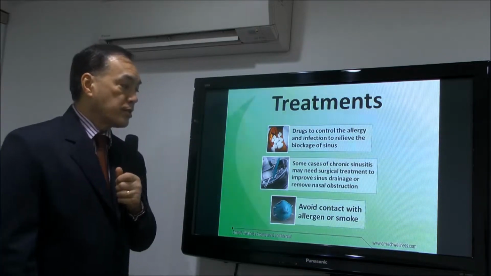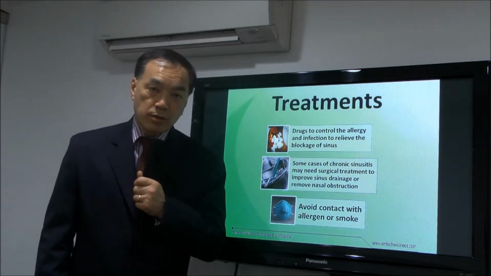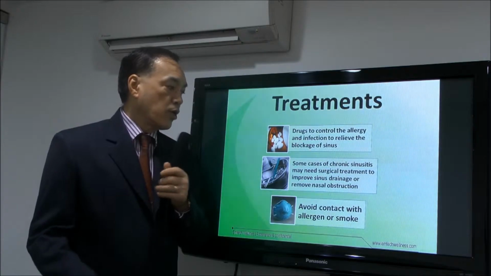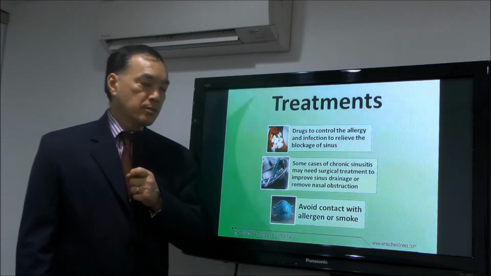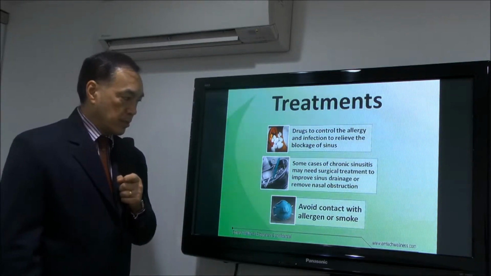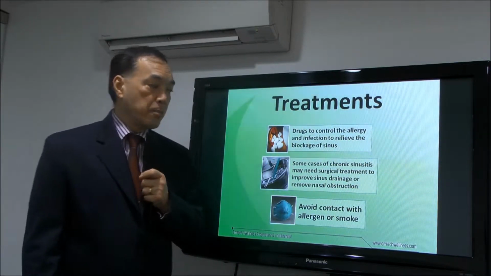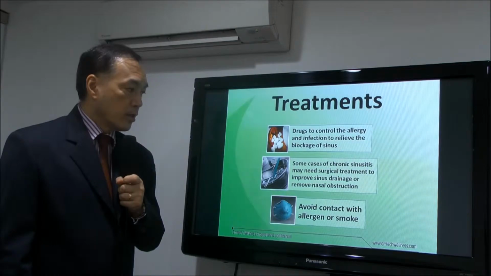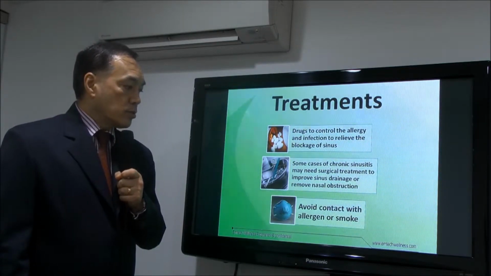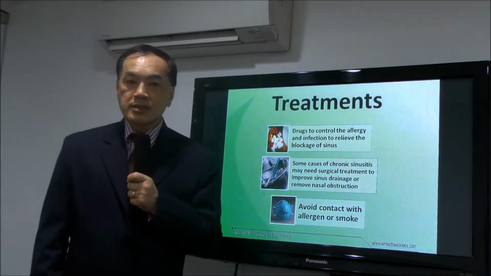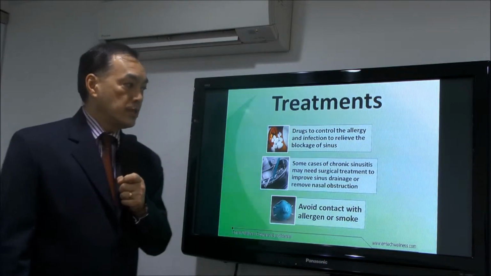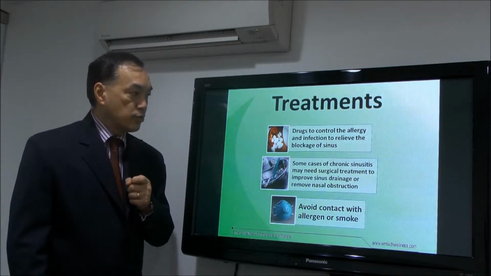Some cases of chronic sinusitis may need surgical treatment, and of course surgical complications may be part of it if the surgery is not done perfectly well. And to avoid contact with substances that can cause the allergy, yes, that would be a wise thing to do.